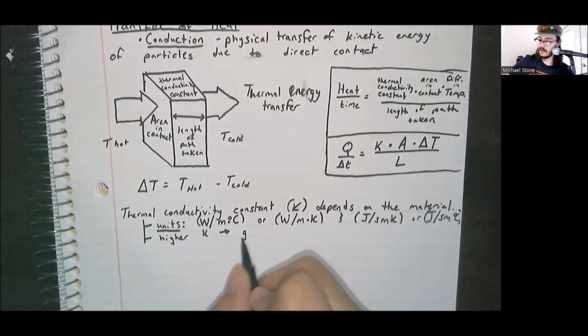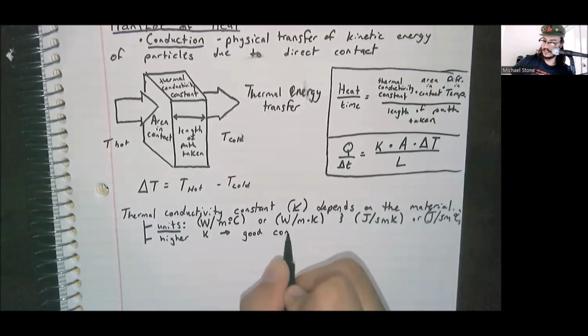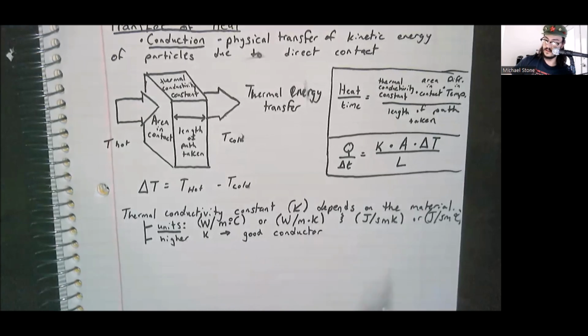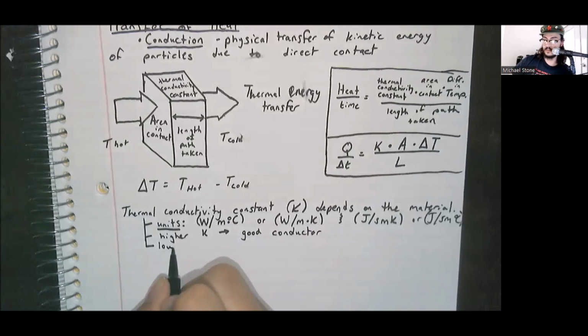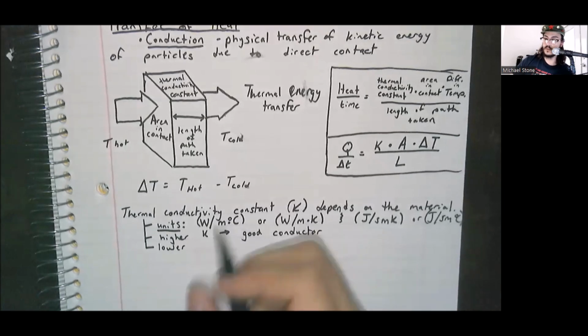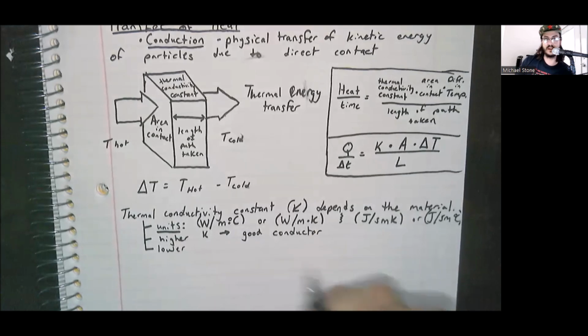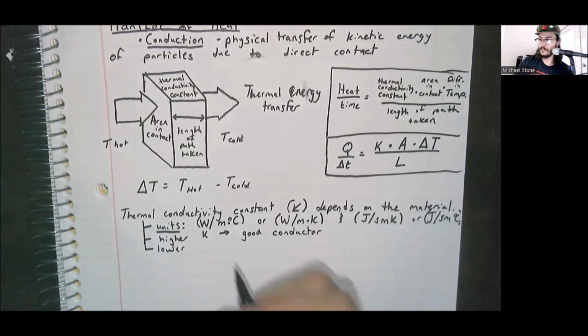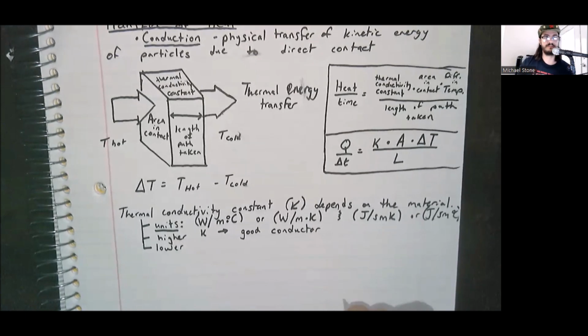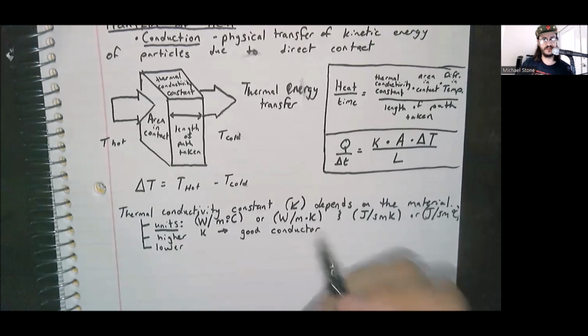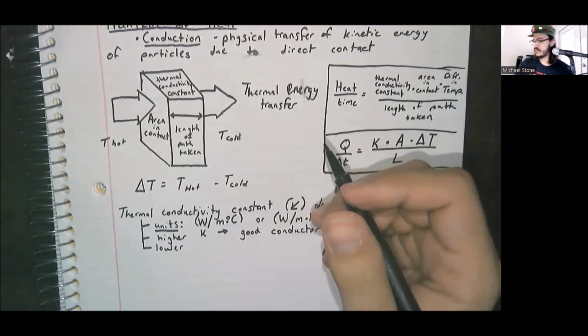Higher K, good conductor. There are plenty of charts that you can look up that have the thermal conductivity constants of common materials. We're not going to necessarily worry about that because usually it's given to you in the problem, unless it's like maybe liquid water or something might be something important enough for them to expect you to memorize it.